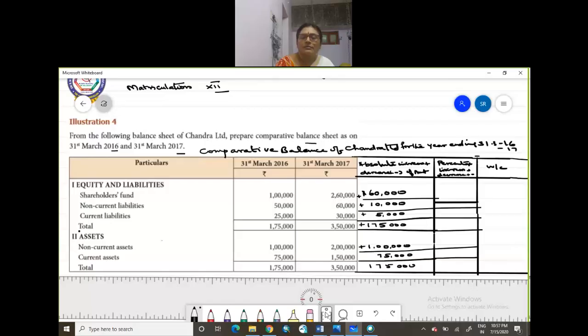Fine. Now, working column, first one, let us take this figure 1 lakh. Let us calculate the percentage. Now 1,60,000, that is your share capital.